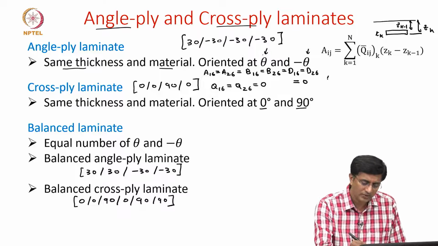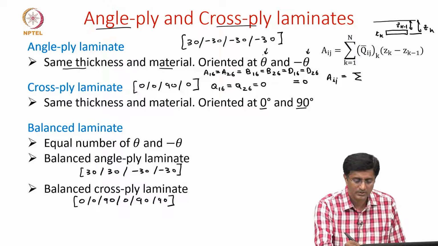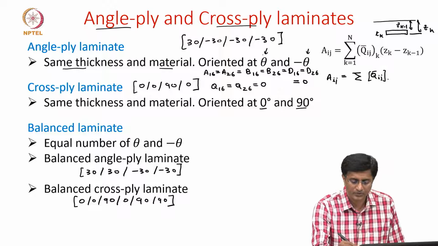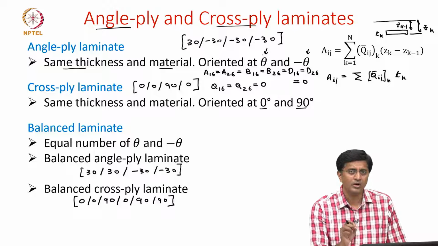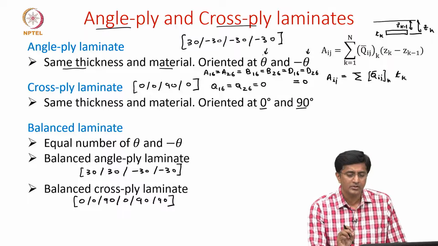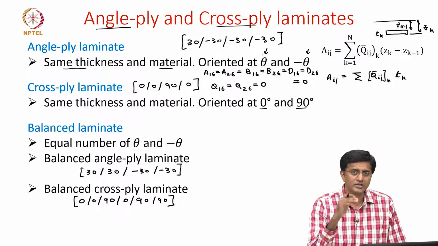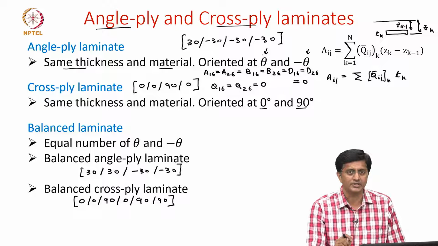So let's say this is Tk, meaning the thickness of the kth layer. So essentially we can write this Aij as the summation of Qij for the kth layer times the thickness Tk. The point I am trying to make here is, let me ask you a question. Will it matter what the real sequence of the layers is?